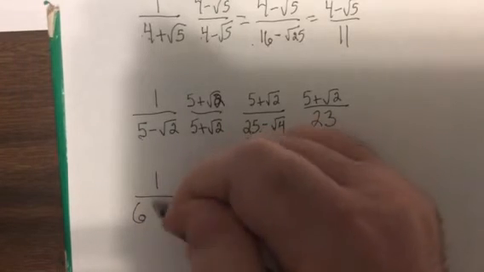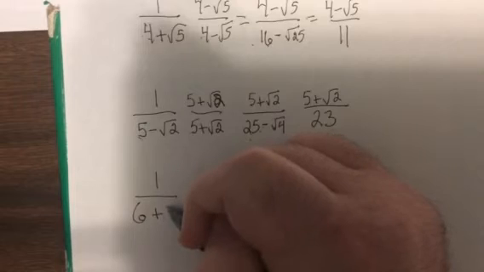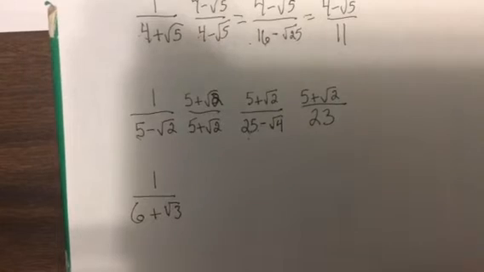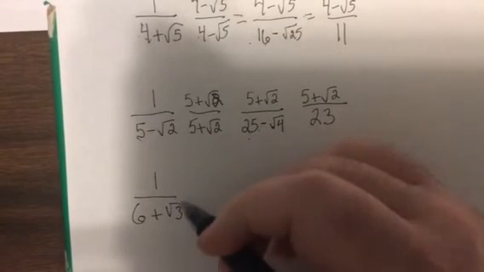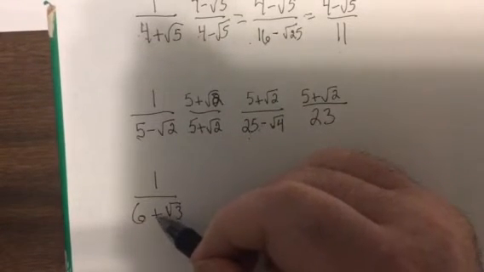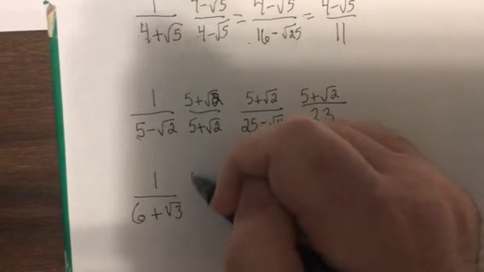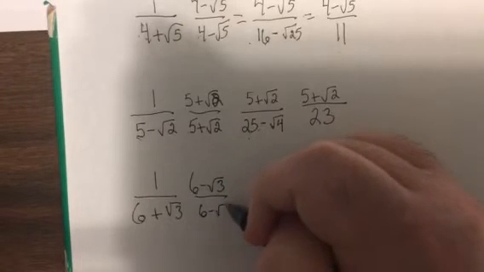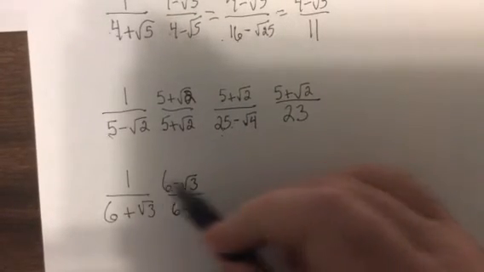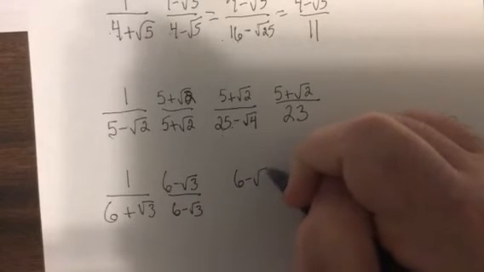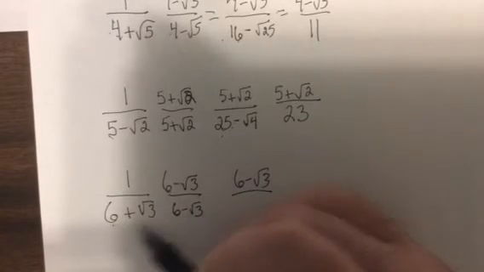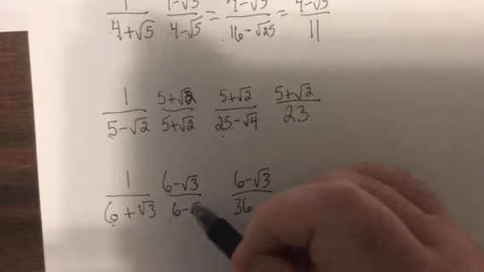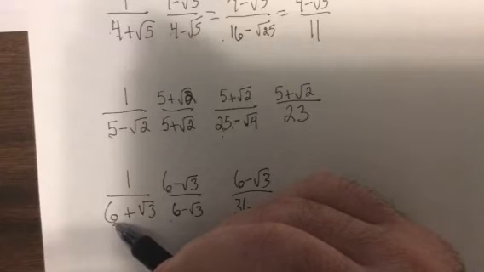6 plus square root of 3. So I can't have a radical in the denominator. I'm just going to multiply the top and the bottom, switch the middle sign. So it'll be 6 minus square root of 3, 6 minus square root of 3. 1 times that is just that. 6 times 6 is 36. 6 square root of 3 minus 6 square root of 3 is 0.